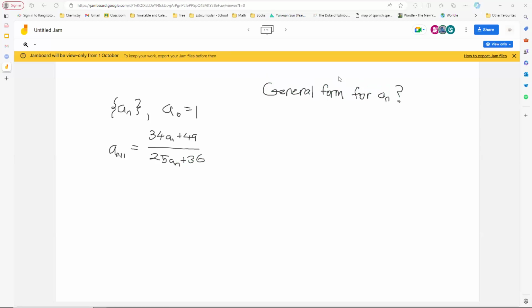You can try some small cases, right? You can plug a0 into the formula, so you get a1 equal to something like 83 over 61, and you keep going, but it's not really helpful. It's hard to gain intuition on what the answer should be. So we're going to play around with the formula a bit and try to massage it into something that's a bit nicer.